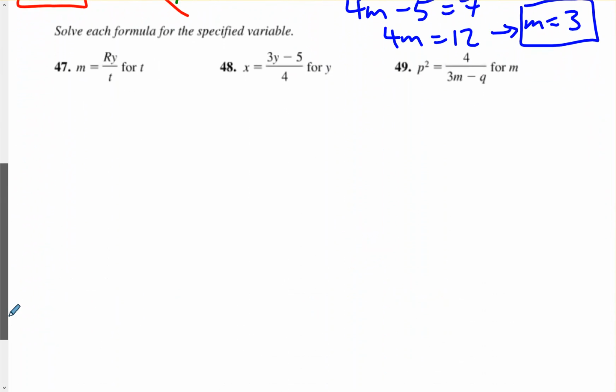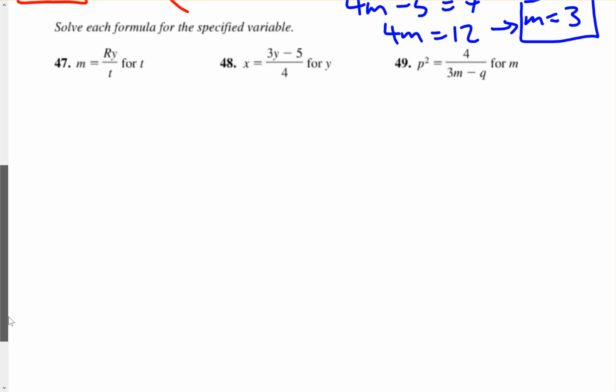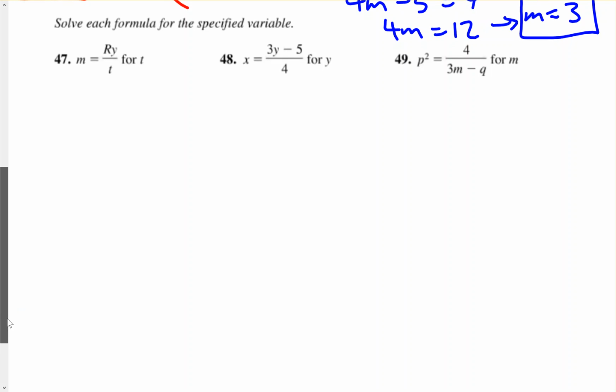Okay, and then solving each formula for the specified variable. So here in each one we're trying to get the t alone, next one we'll get the y alone, and the last one we get the m alone. Okay, so just using our algebra skills. First thing here, we can multiply by t both sides.